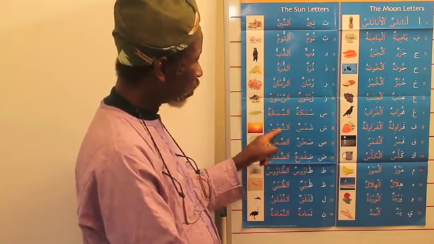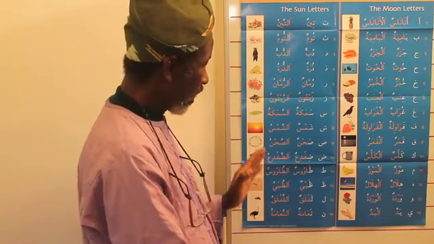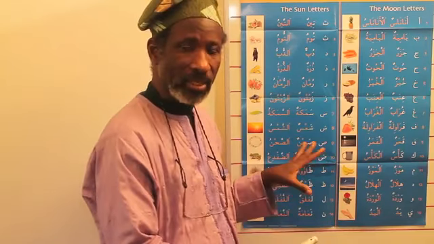As-samaka, ash-shamsu, and so on. So go to pages 64 to 67 and practice the moon letters and sun letters and do the exercise there.